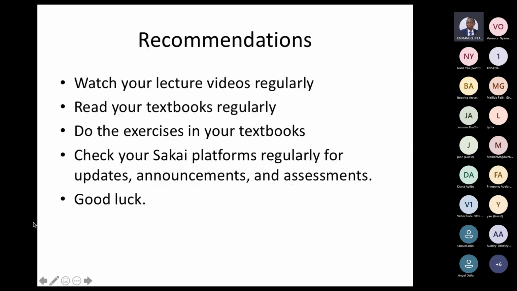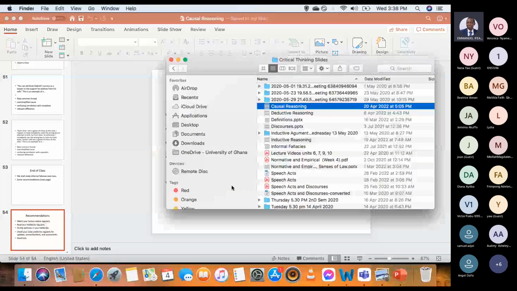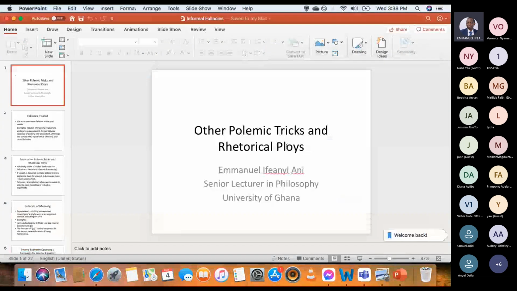And then from there, we went on to look at informal fallacies. Now, the informal fallacies are fallacies that are not included in either deductive reasoning, inductive reasoning, or causal reasoning.